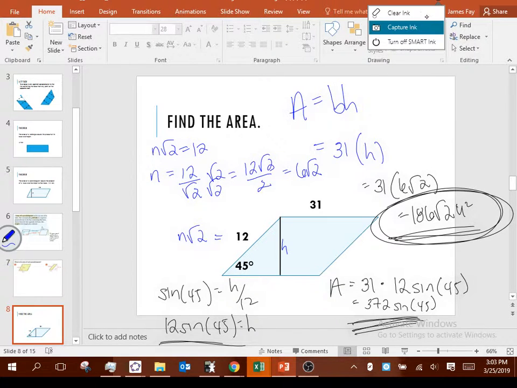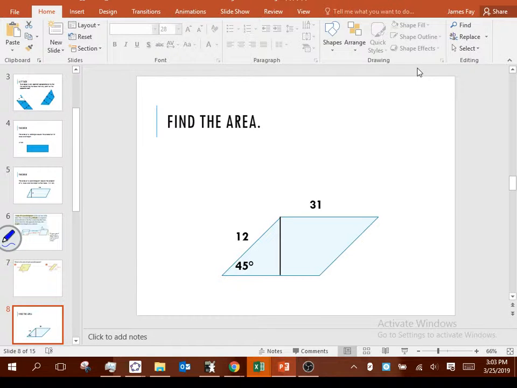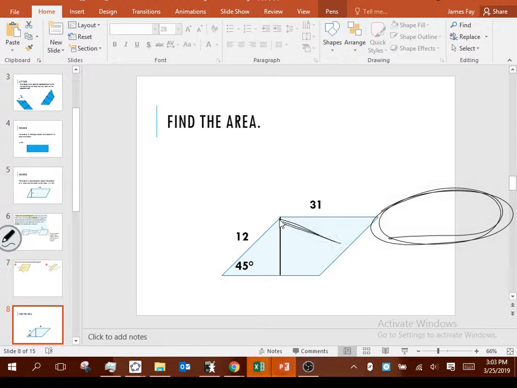Now, I hope nobody did this, but you could introduce an altitude here. That's 45. This would be my n radical 2 side, right? I could then say that's n and that's n. Let's just see if this works. So I have 31 over root 2 is equal to n, right?